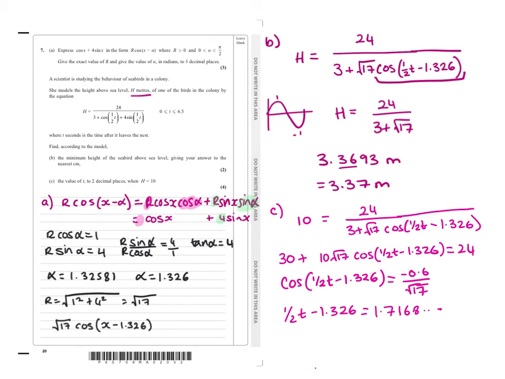If I add 1.326 and then multiply by 2, I'm going to get t equals 6.0856. It wants 2 decimal places, therefore t equals 6.09.